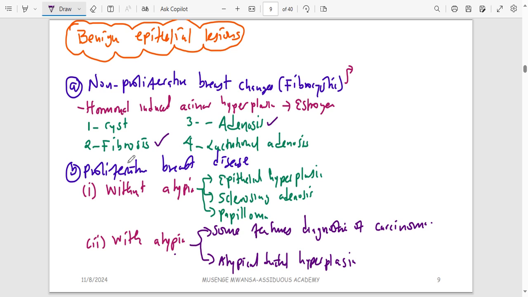So sometimes we can combine adenosis and fibrosis. That forms the fibroadenosis, meaning that you're having fibrous tissue at the same time there is adenosis, there is increase in number. All right. So basically the combination of those two, and it's actually the most common.